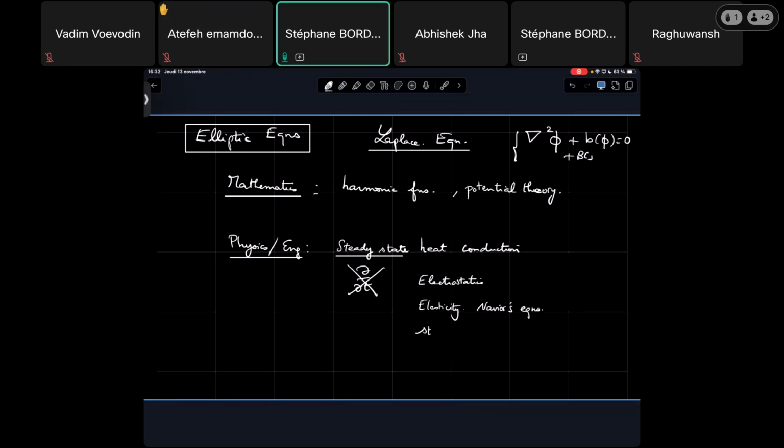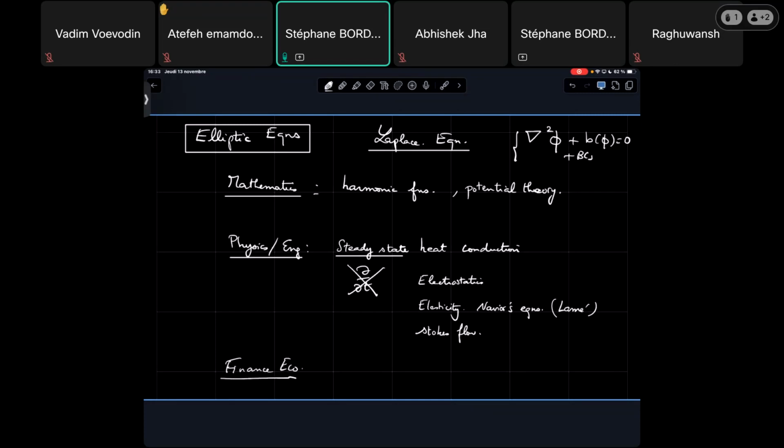You have also Stokes flow. I don't know if shallow water equations work or not, but Navier-Lamé definitely do. Okay, so what about finance and economics?